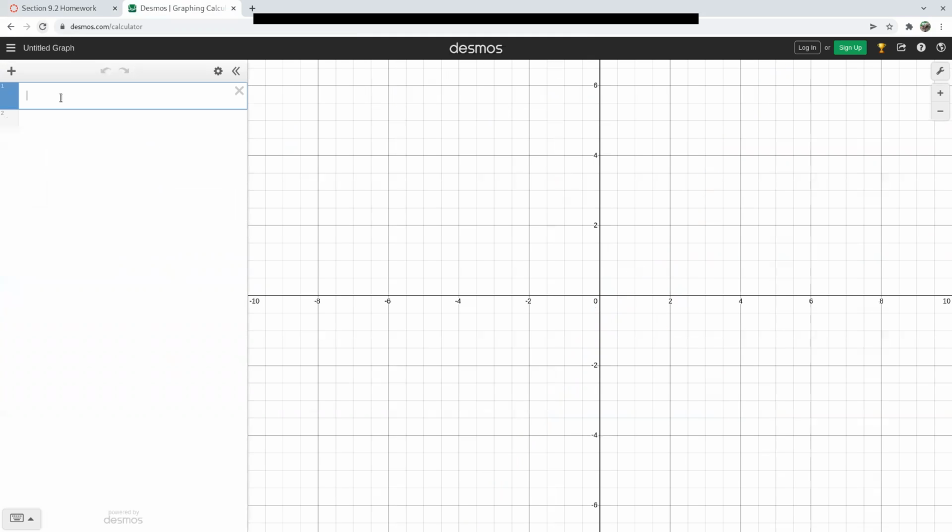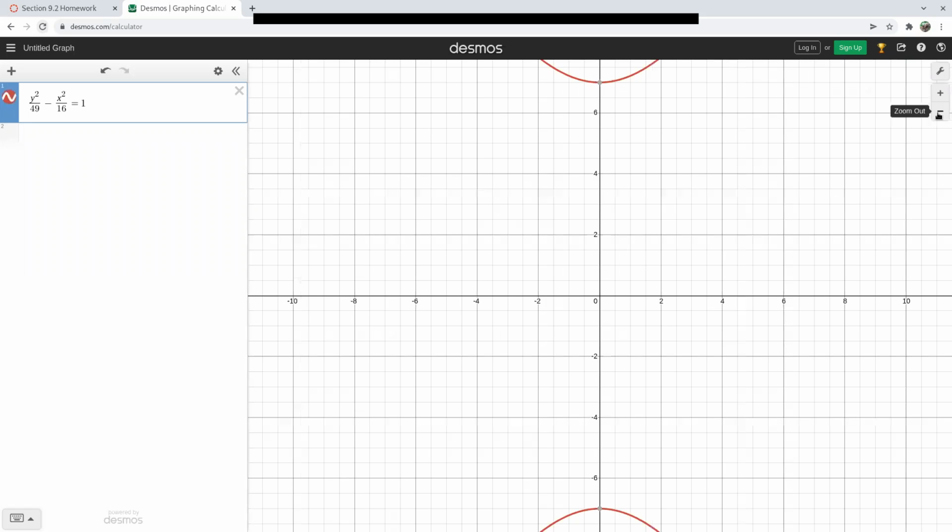So we have x squared over 49. Oops, I lied, y squared, minus x squared over 16 equals 1.